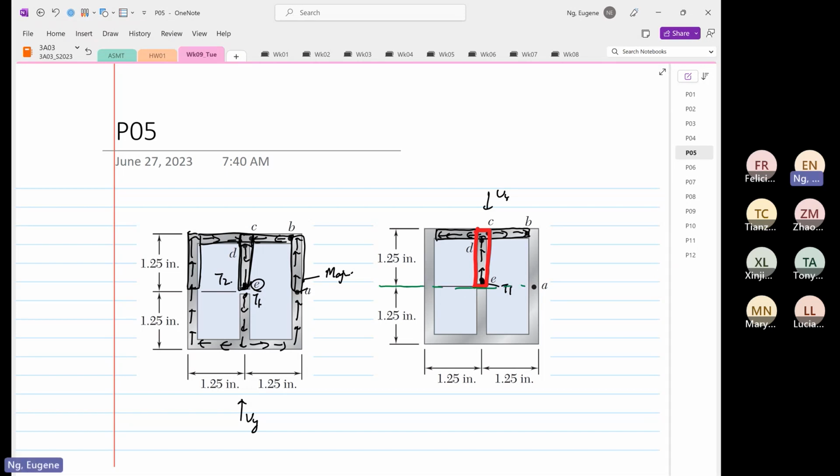What I'm doing now is a centroid. You make a statement that CD has the same distance as DE. What is the difference is this is now your Y bar. Whereas the other one, this is your Y bar. That is the difference.